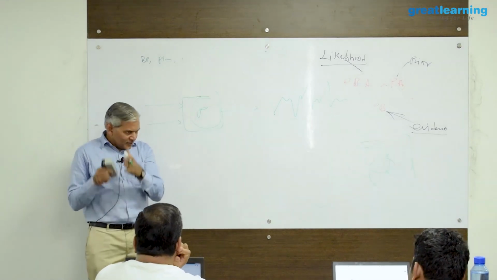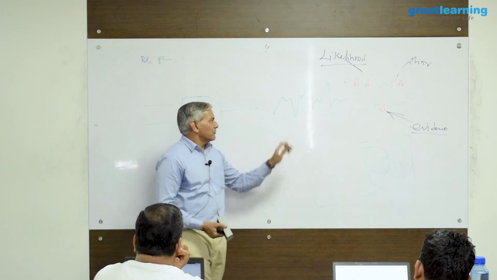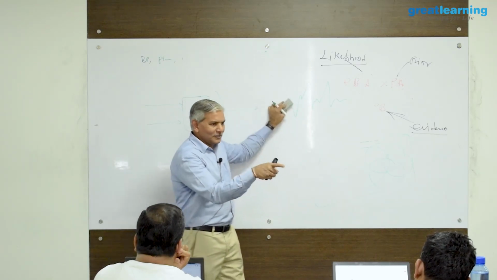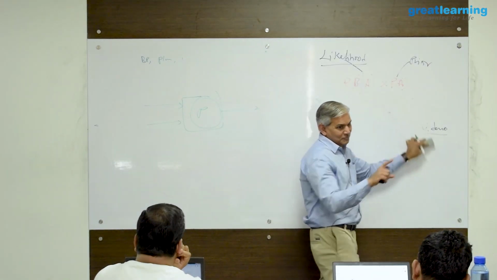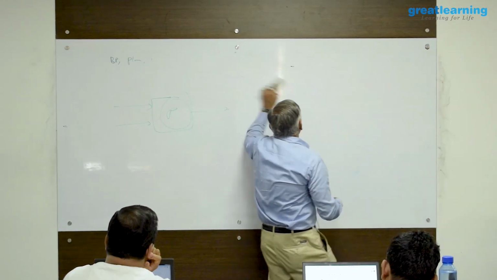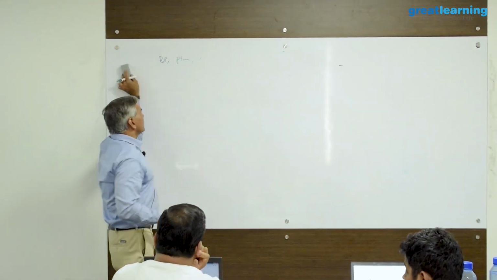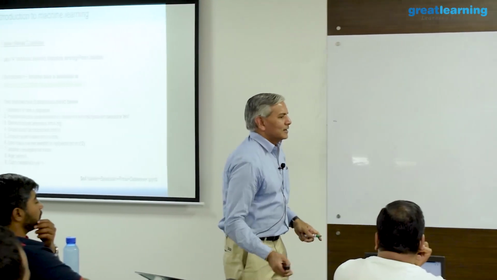If the process is outputting this in some pattern, the pattern could be in the form of a Gaussian distribution and so forth. Only then can you build a model to represent that process and predict what the next value is going to be with some confidence level. You can't model a random process. If the 1, 0, 0, 1 is coming out randomly, then you can't build any model.